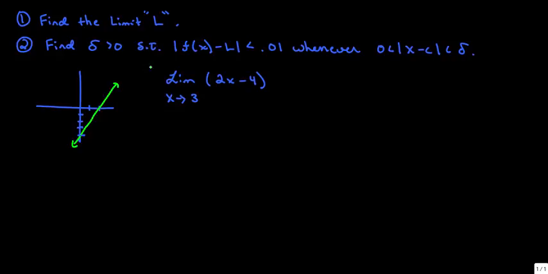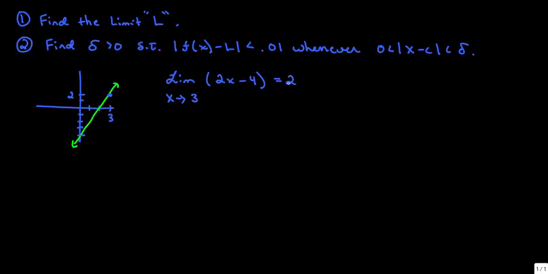And so we want what is the value when x equals 3. Well, we can find this by direct substitution. So the height value here is going to be 2. So it looks like as x approaches 3, the limit should be 2. Again, you can find that just by direct substitution here.